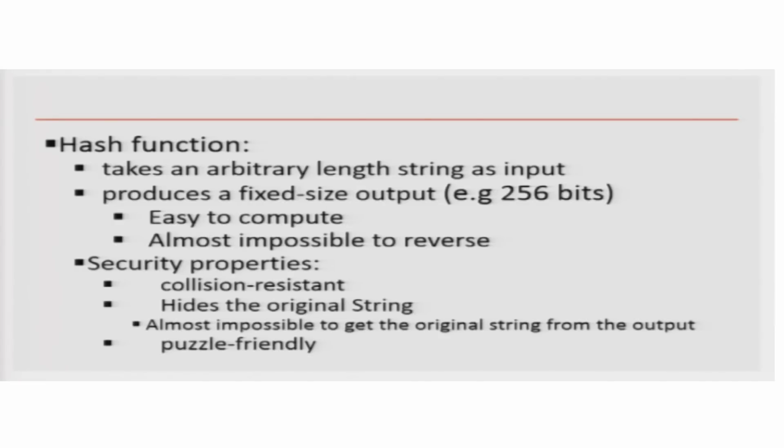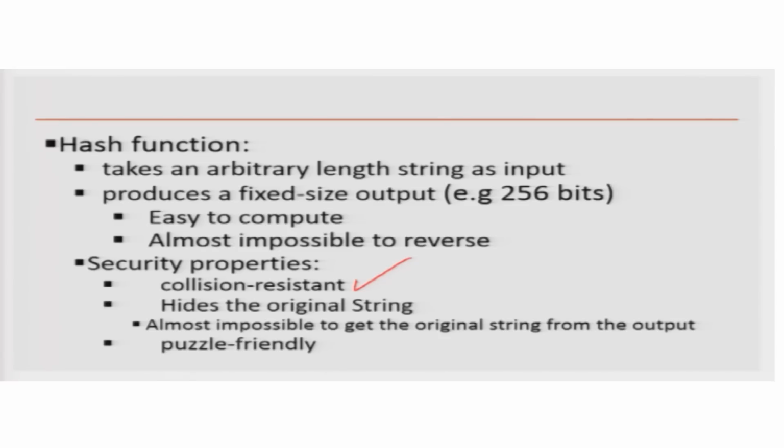Any function that makes it impossible to reverse is not necessarily a good hash function. So, it has to have certain properties. One important property is collision resistance. I will explain what collision resistance means in a few slides, but it is one of the most important properties of hash functions, and we will see why.